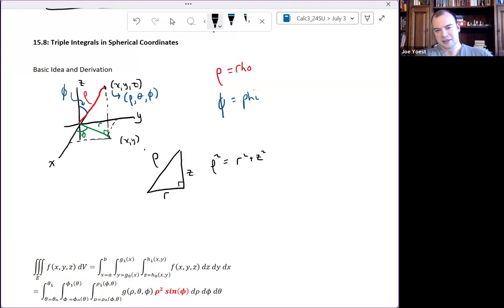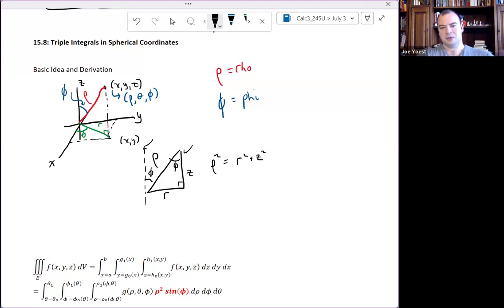I also notice that if I imagine my rho line here having an angle phi from the vertical axis z, well, that puts an angle phi up here. I didn't draw that phi very well. These two lines are parallel, and we have a straight line intersecting them, so those angles are the same. And I see I can describe z and r in terms of rho and phi.